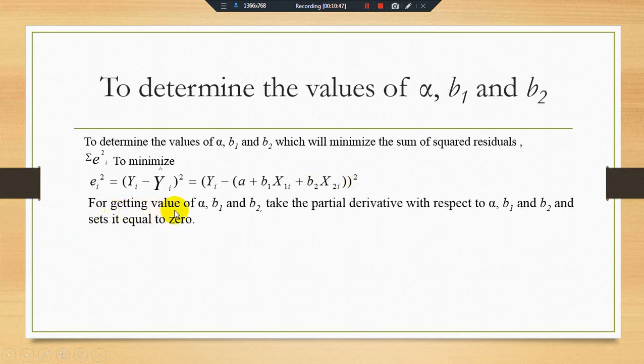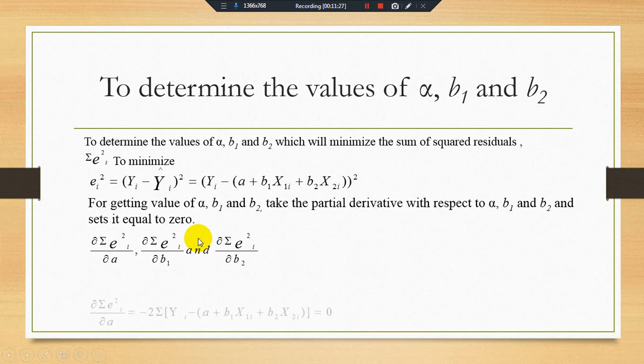For getting the values of alpha or a, b1 and b2, take the partial derivative with respect to alpha, b1 and b2, and set the outcomes equal to 0. Now we take the partial derivative of this equation with respect to a, b1 and b2.